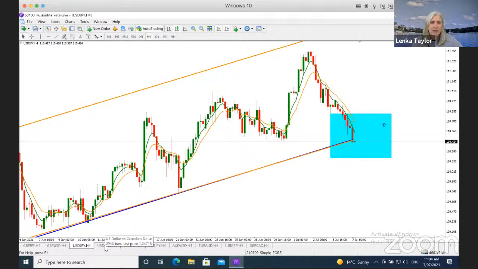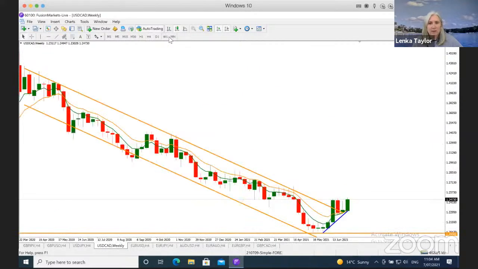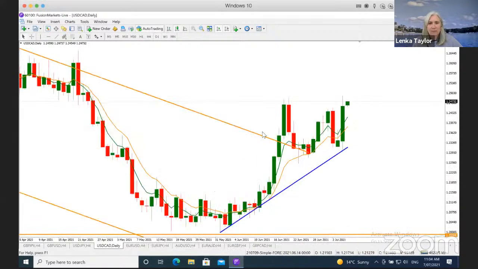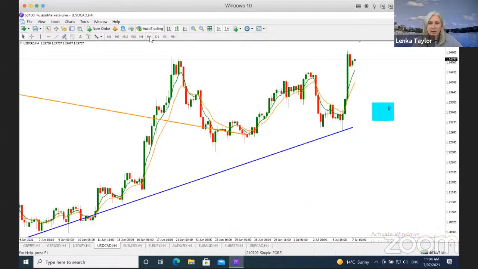The next currency pair I'm going to have a look at is USDCAD. USDCAD has been going down for quite some time. I've been taking shorts on there recently during this consolidation and the change. I was still going short, but after last week, I am now long for that currency pair.